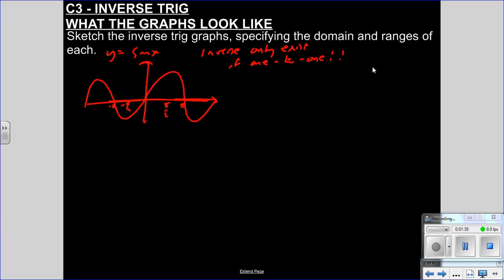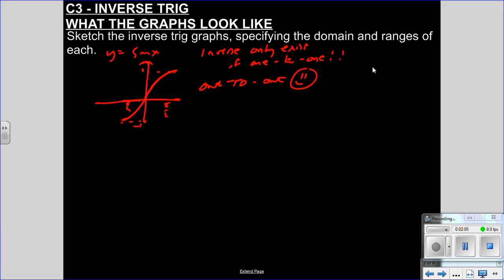At the moment, this is not a 1 to 1 function, is it? This is a many to 1. So I need to restrict the domain of my sine graph straight away. Now, this is a 1 to 1. Fantastic. And remember, this is at the point -1 and 1 for its maximum, yeah?